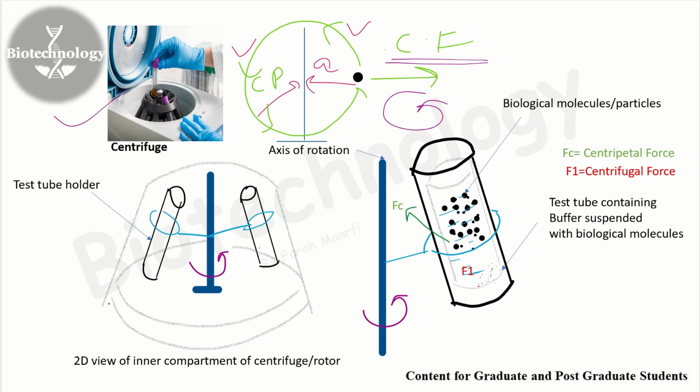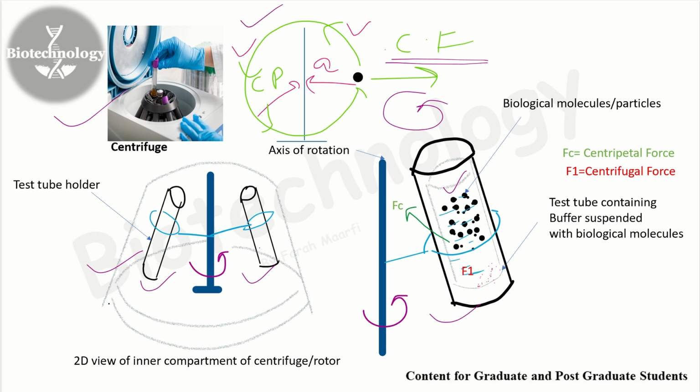This image shows how the centrifuge looks, and this is the cross sectional 2D view of the rotor that holds the sample. These are the two holders, and when the tube containing the sample is put in a holder, it looks like this. This is the tube, the gray color showing the tube, and it contains the biological molecules and some medium, and the particle here follows the same circular motion as discussed before.